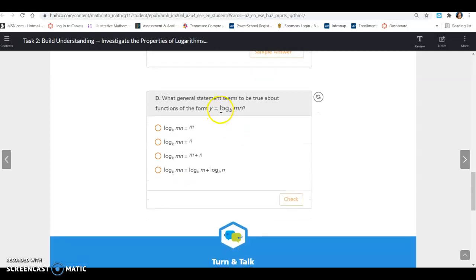All right, it says what general statement seems to be true about functions of the form y equals log base b of mn. All right, so you could rewrite this as log base b of m plus log base b of n. So this is one of the properties of logarithms that's very important. So if you have the same base here, okay, multiplication goes to addition.